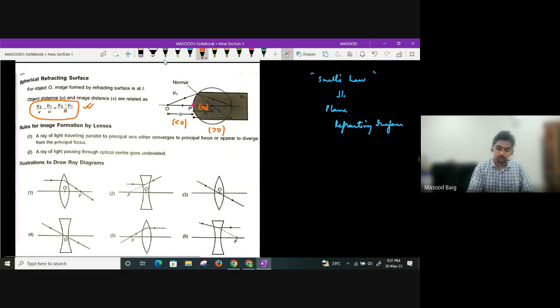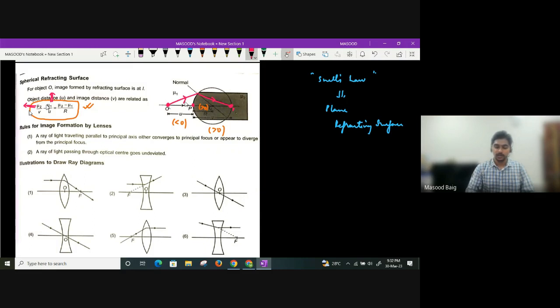Now what about mu2? Mu2 is the refractive index of that medium in which refracted rays are present or in which the image is formed. Mu1 is the refractive index of that medium in which the object or incident rays are present.